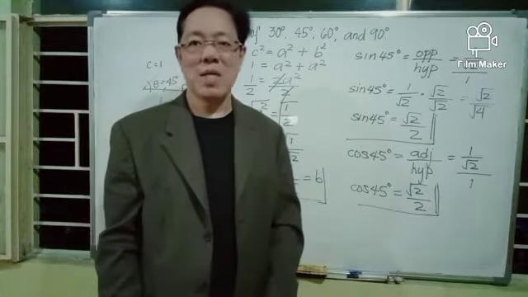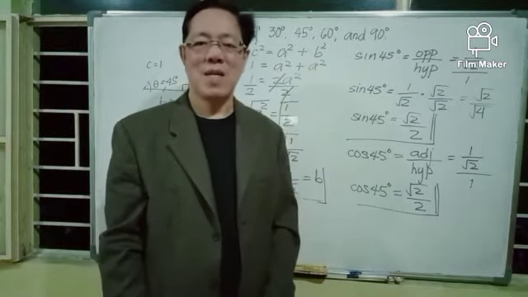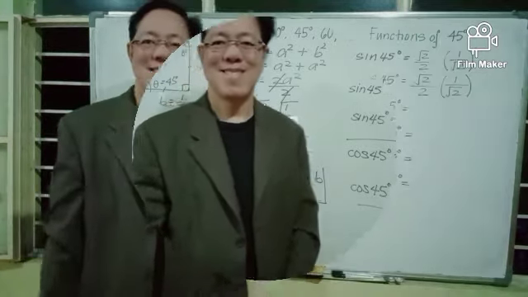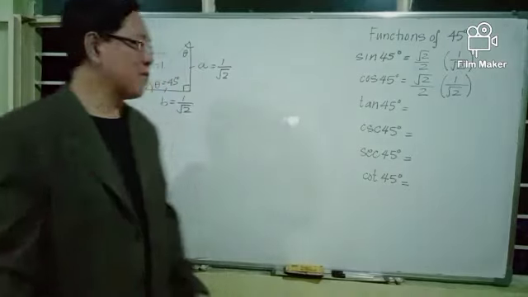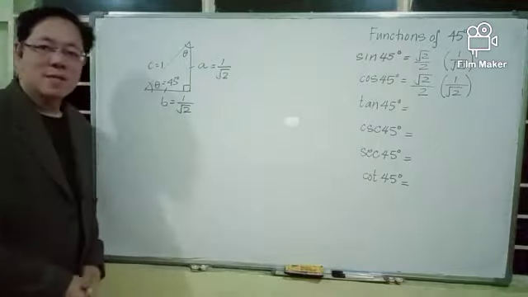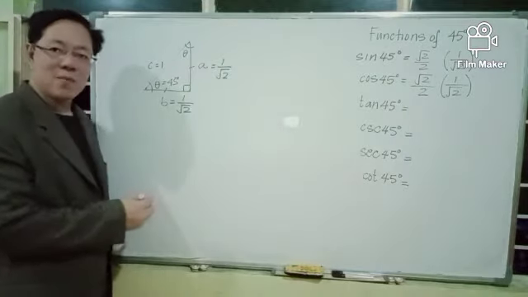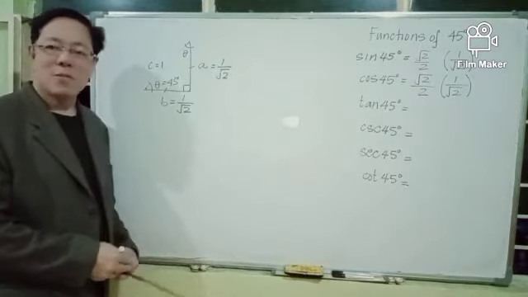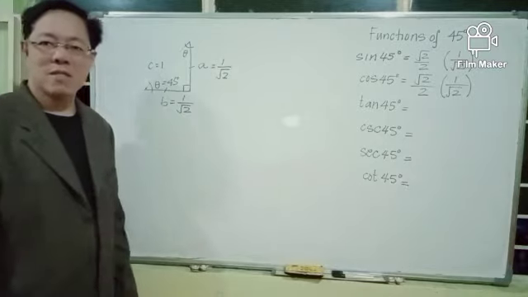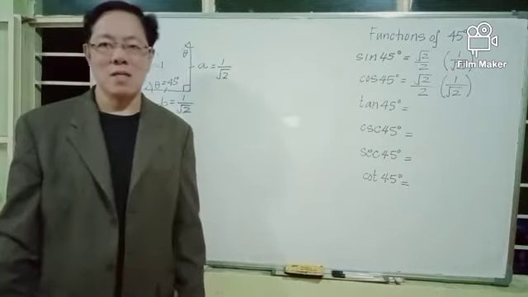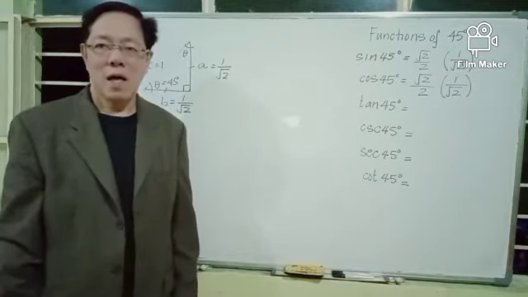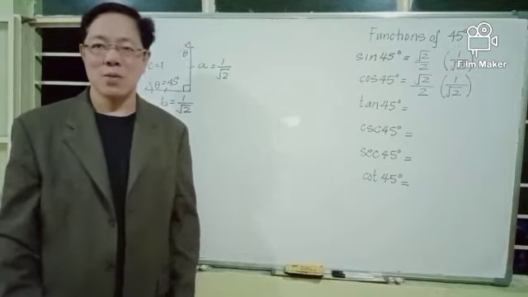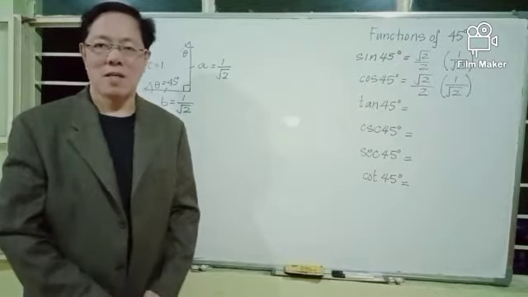Now we will derive the tangent of 45 degrees. We now obtain the value of the tangent of 45 degrees. The tangent of 45 is, as we have taken in the previous lesson, the tangent of an acute angle is equal to the ratio of the side opposite the acute angle and the side adjacent to the acute angle.